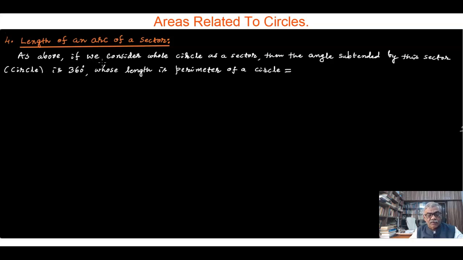Now, as above, if we consider the whole circle as a sector, then the angle subtended by this sector, that is the circle, is 360 degrees, whose length is the perimeter of a circle, that is 2 pi r.